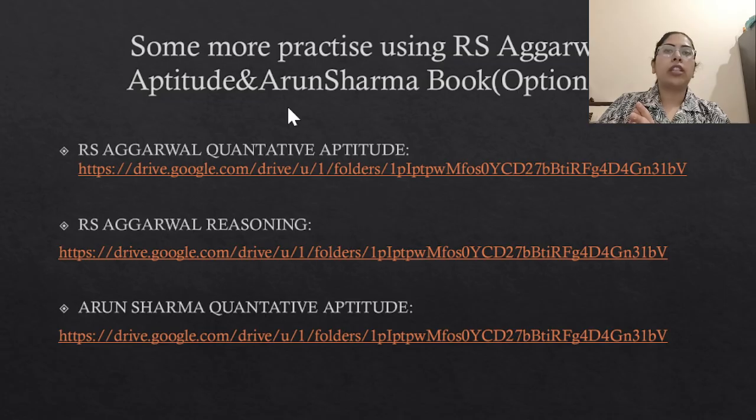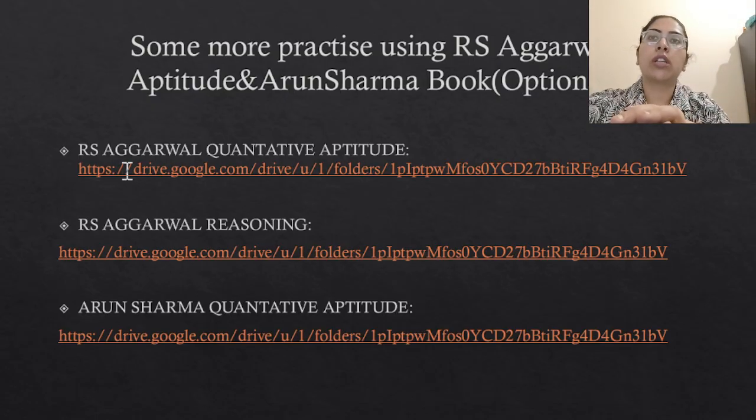But for the GATE exam, if you have completed the GATE PYQs and want more practice, then you can follow these resources. R.S. Agarwal quantitative aptitude book. This is the link that I have provided. I have shared the drive.